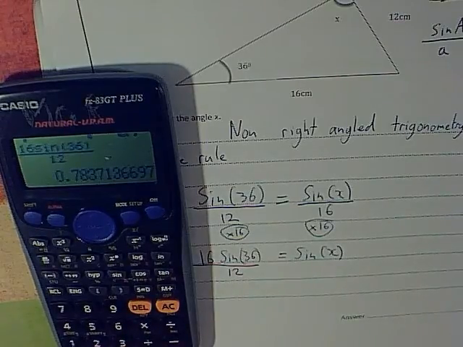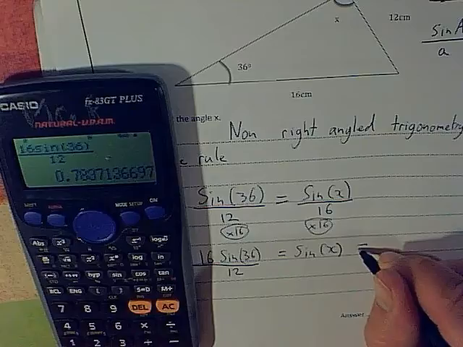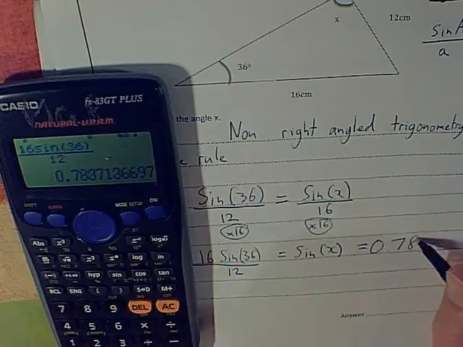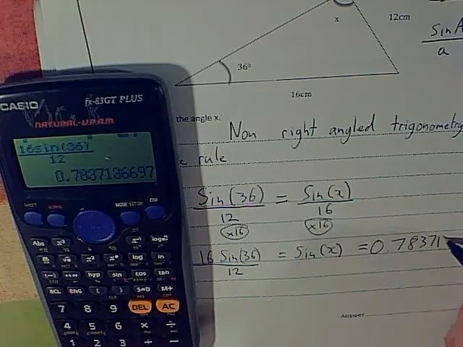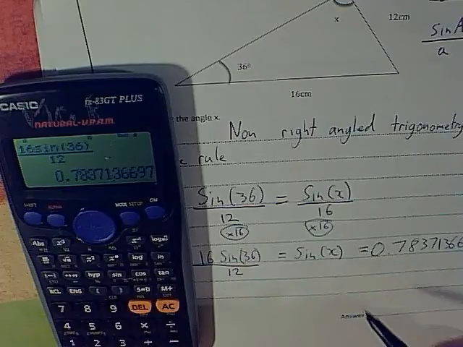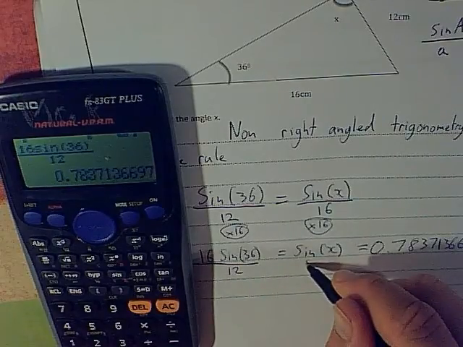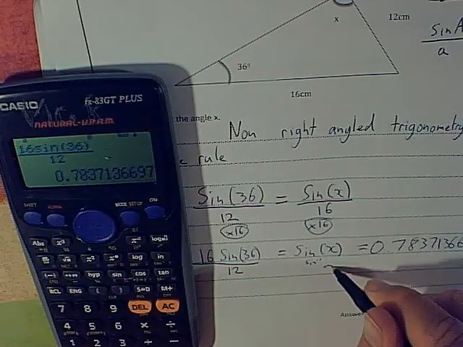That equals 0.78371 and so on, 837136697, and then all I need to do is do my inverse sine, so therefore I'm going to do sine minus 1, inverse sine, to find out what x is.